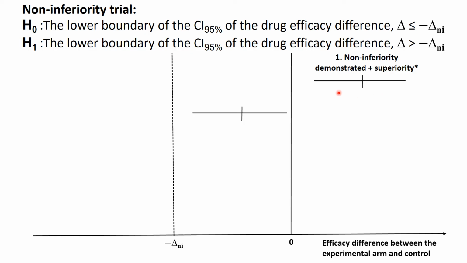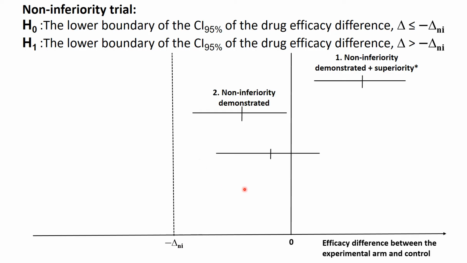So as we can see in the second part, it's not demonstrating superiority, but it's only demonstrating non-inferiority, in the sense that the lower class boundary of the difference, the 95% confidence interval, is actually greater than the negative non-inferiority threshold. So this is demonstrating non-inferiority.